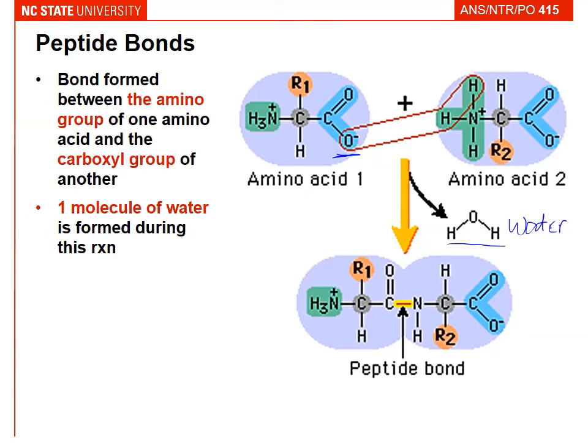And then we have our peptide bond that's formed. We get one molecule of water when this peptide bond is formed. So remember, this is what we would refer to as a condensation reaction.